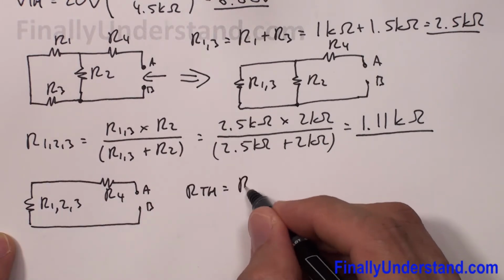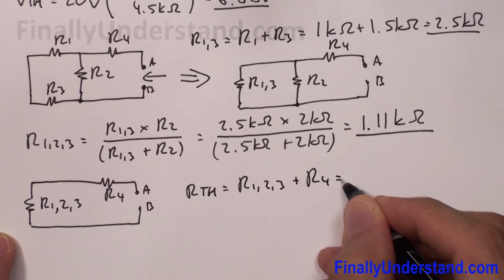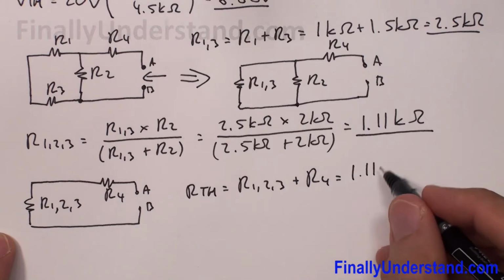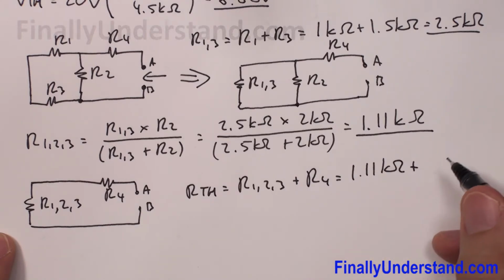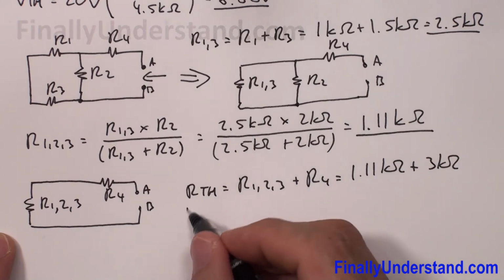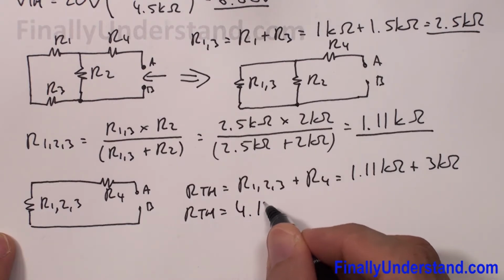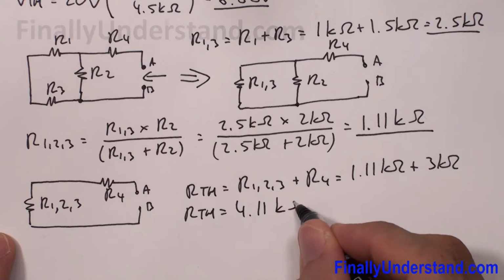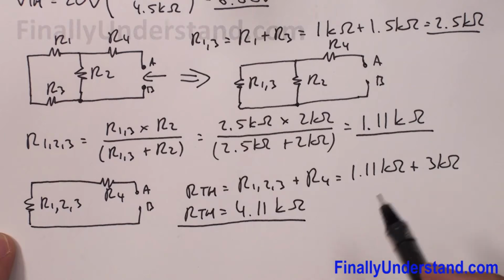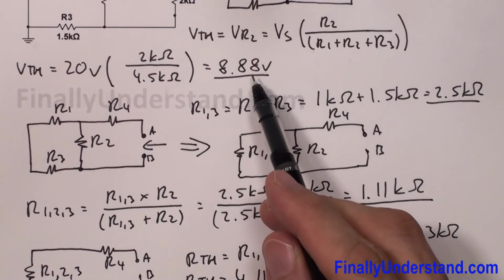So I have R1,2,3 plus R4, where R1,2,3 is 1.11 kilo ohms plus R4, which is 3 kilo ohms. So RTH is equal to 4.11 kilo ohms. So we found the Thevenin's resistance, and so far we found the Thevenin's voltage.